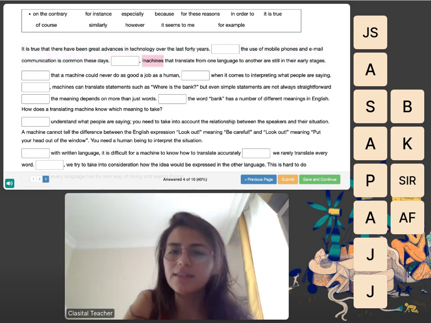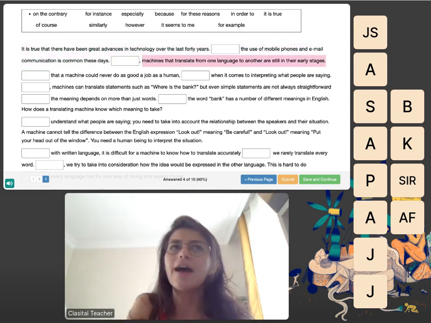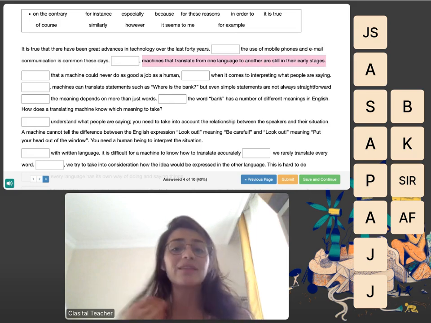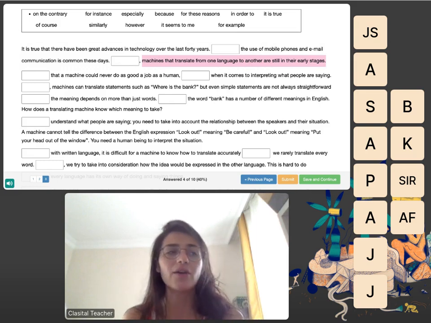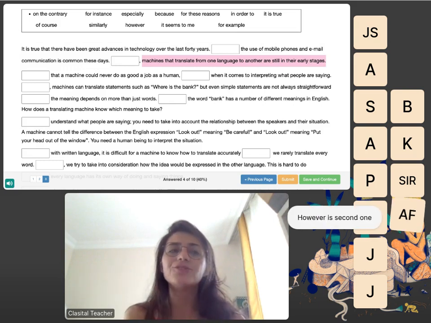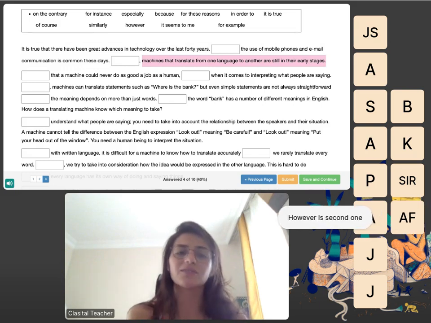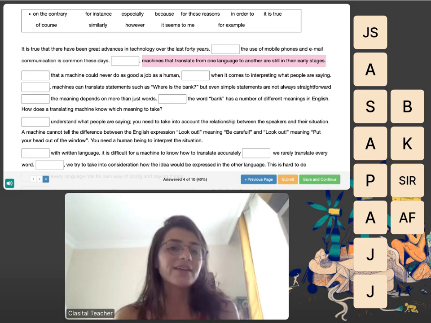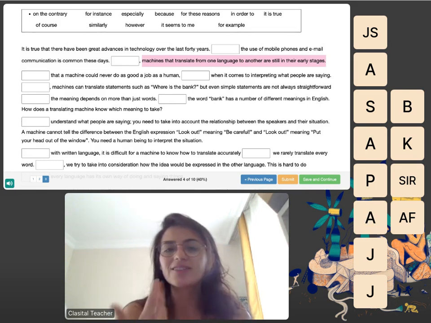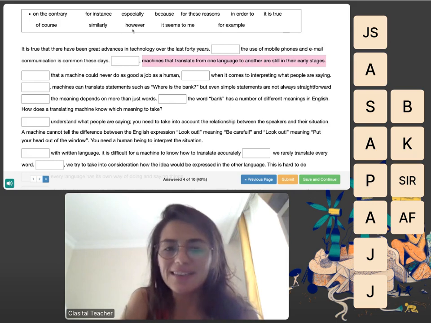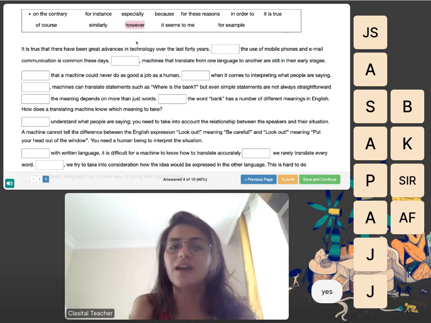But this sentence does not add to that positiveness. It says it's in early stages. So this means that it's not that perfect. Machines do not translate those sentences or written pieces of work really well. So we're trying to say something that's going to contradict that idea, right? So, for those of you who said however, you got it right.